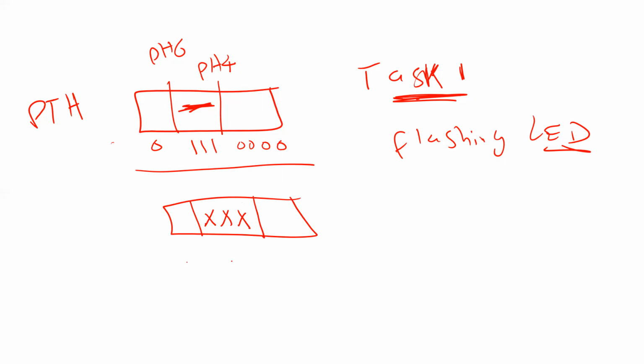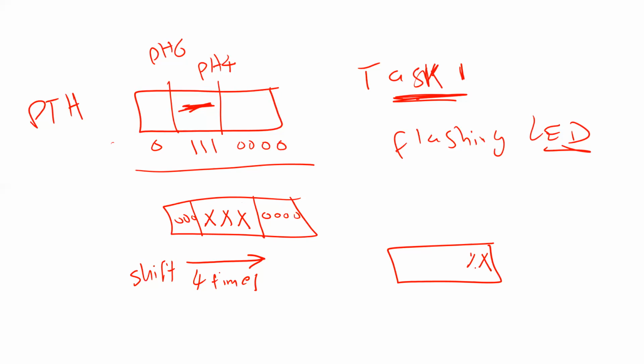And then you have to shift, with zeros here. You have to shift 4 times. After you shift 4 times, I'm going to get a number this way. So this is a byte. This byte should have a value from 0 to 15.